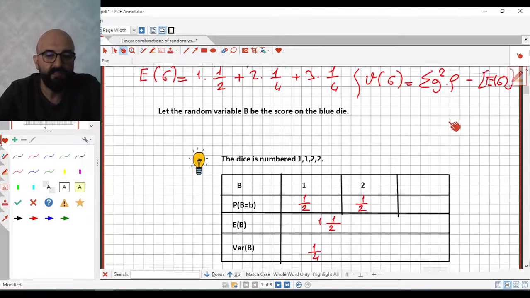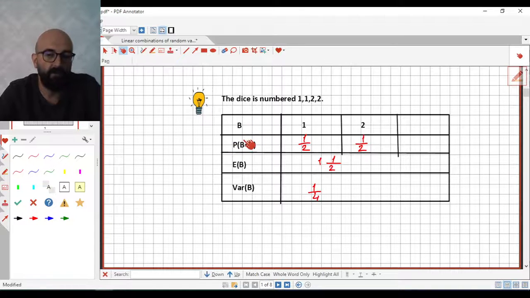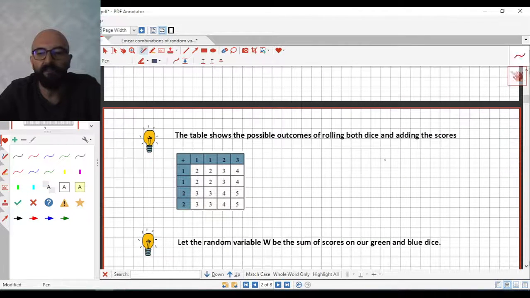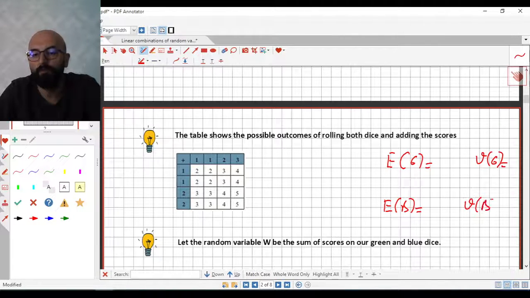And for the other dice, named B, or blue, we have the expected value 1 over 2, and our variance 1 over 4. And I want to write again in this area the expected value of green and the variance of green, the expected value of blue and the variance of blue.